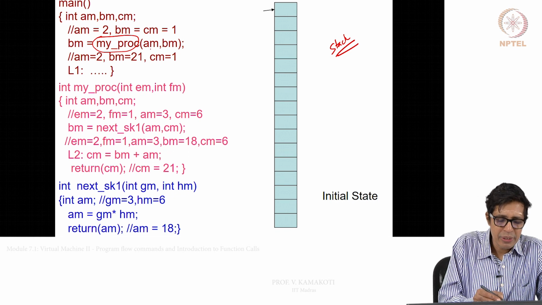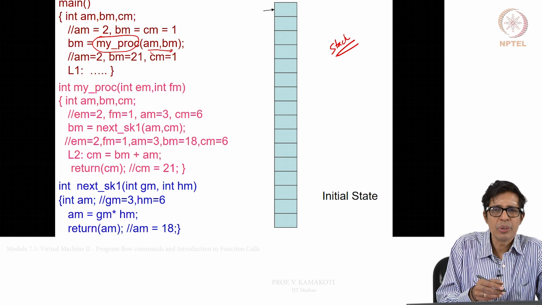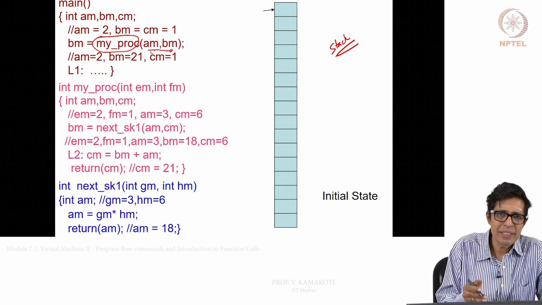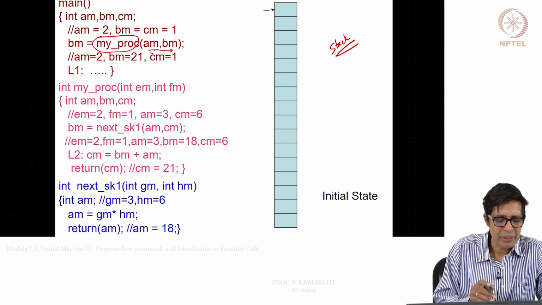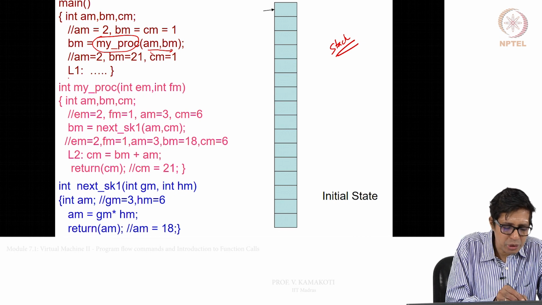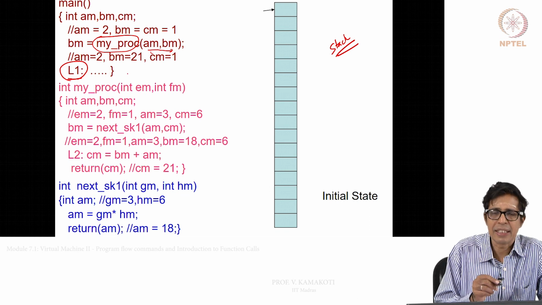To myproc, main sends certain arguments. Myproc returns a value which it assigns to VM. So, there are some arguments passed to myproc and there is a return value that myproc returns that comes back to main. And after myproc finishes its execution and returns a value, main should start again from L1. So, there is a return address.